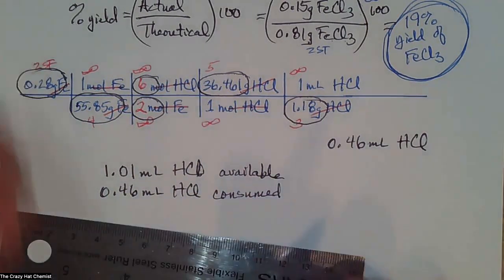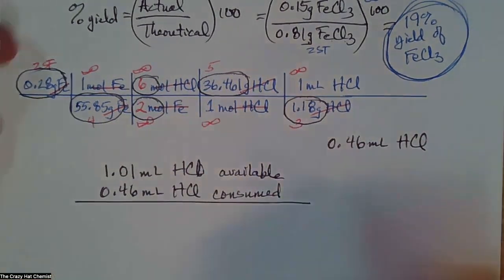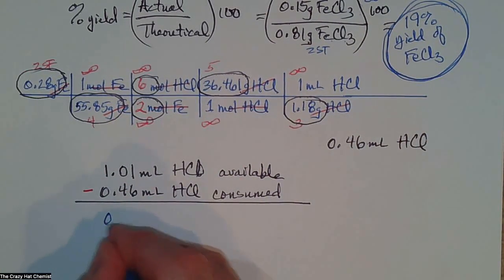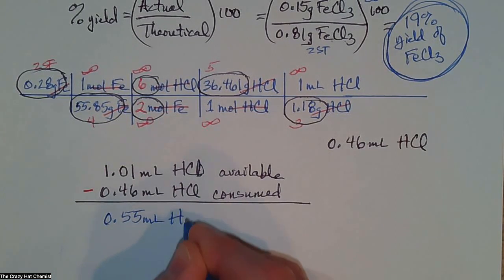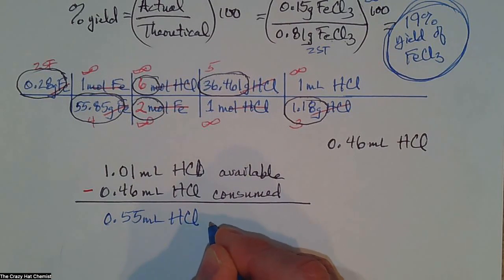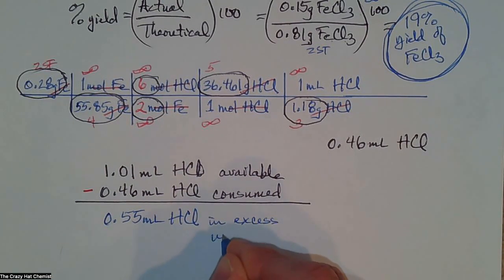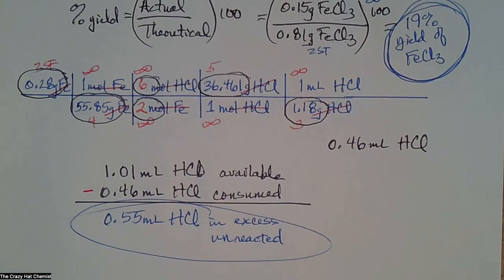We're going to draw a line in the sand here, and we are going to subtract these two numbers, and we will get the following: 0.55 milliliters of HCl in excess that is unreacted. And that is our final answer there.